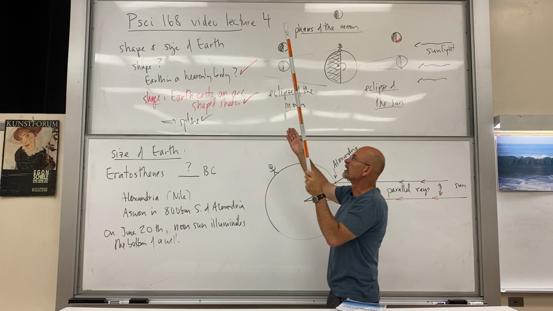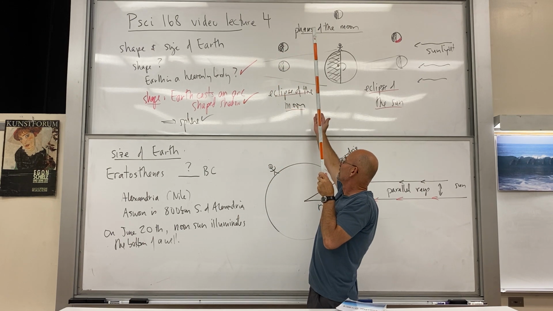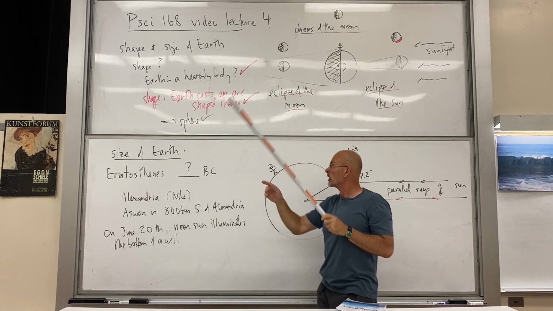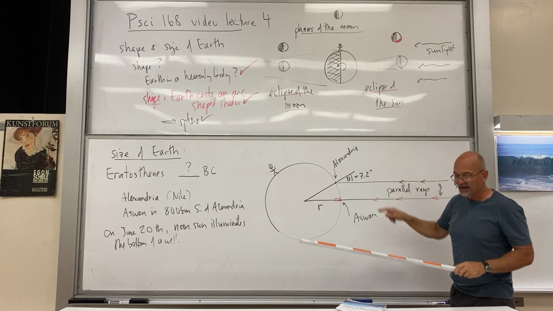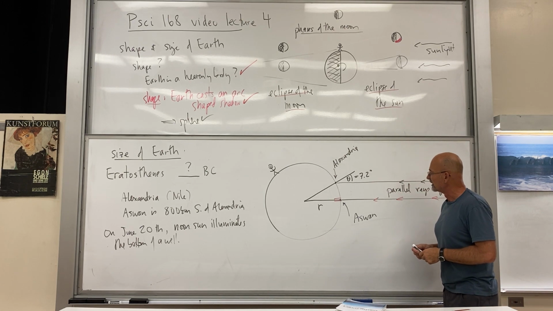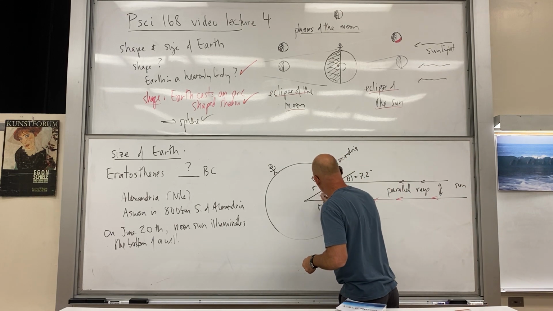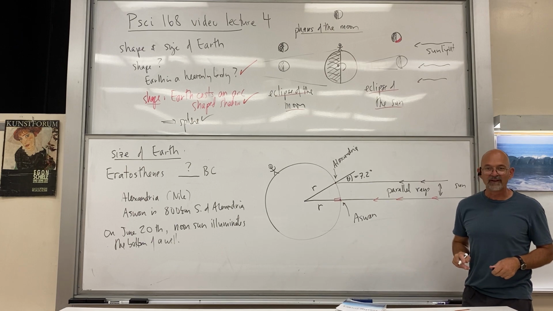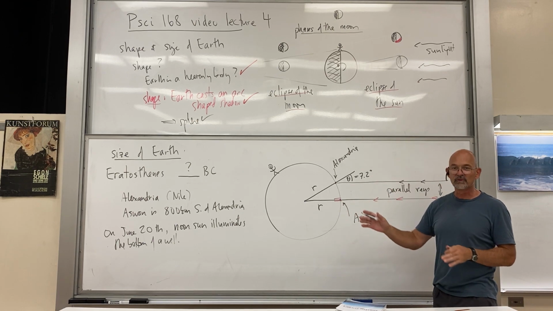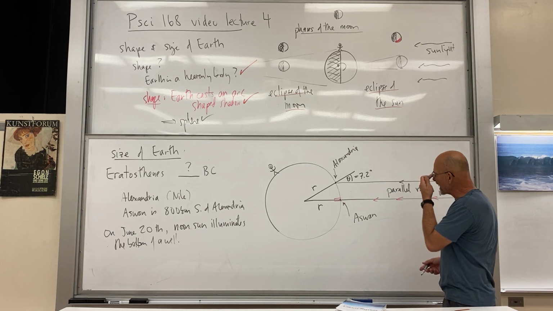So at noon, for example, I'm standing here, there's straight up and down, and the angle towards the sun is the angle my arm makes with the straight up and down ruler. So that's the 7.2 degrees that Eratosthenes measures. It takes a little while to relate this geometry to what you're actually experiencing outside, but we've already spent a little time talking about angles and shadows and sundials. Okay, so there's the idea.